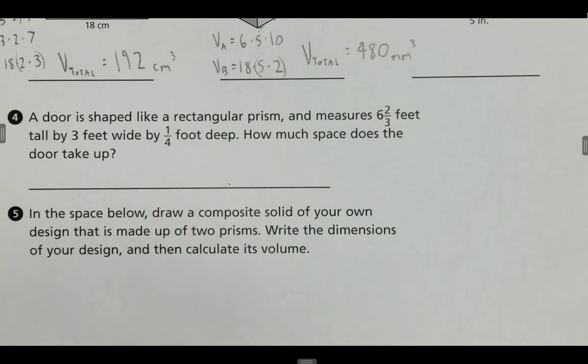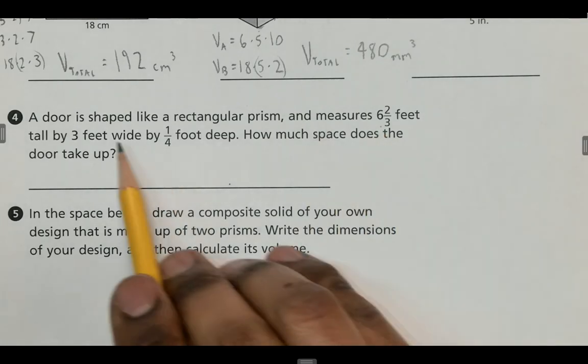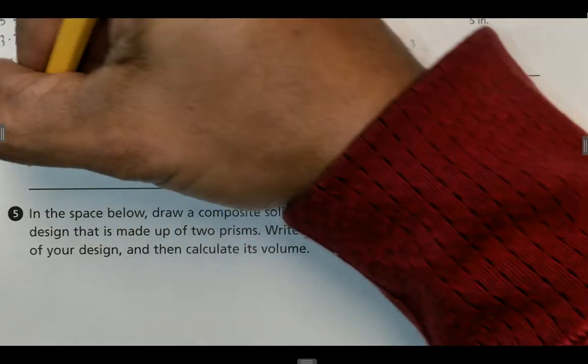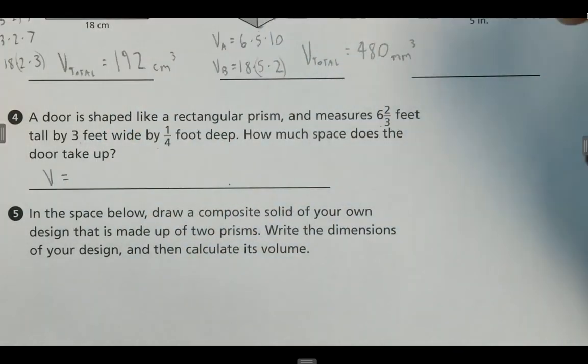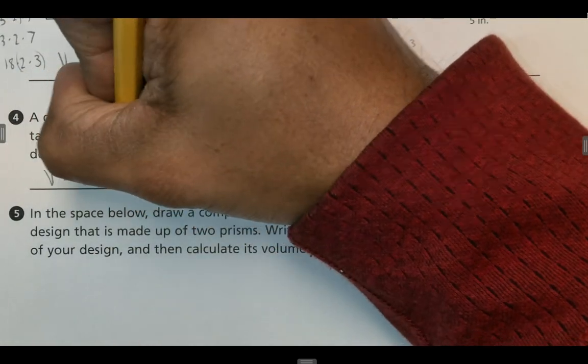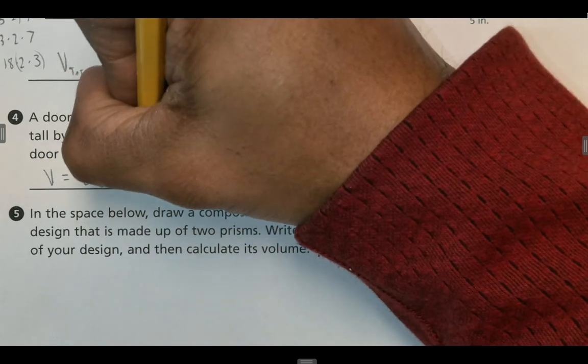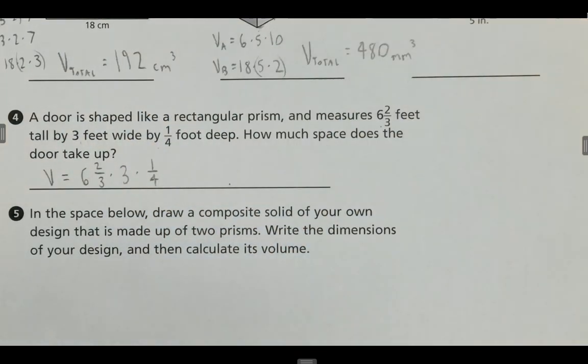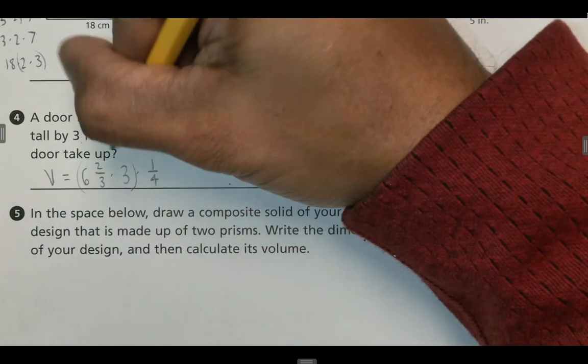Well, we need to multiply these 3 dimensions together, of course, in whatever order we like. 6 2/3 times 3 times 1/4. I think I'm going to multiply these 2 first.